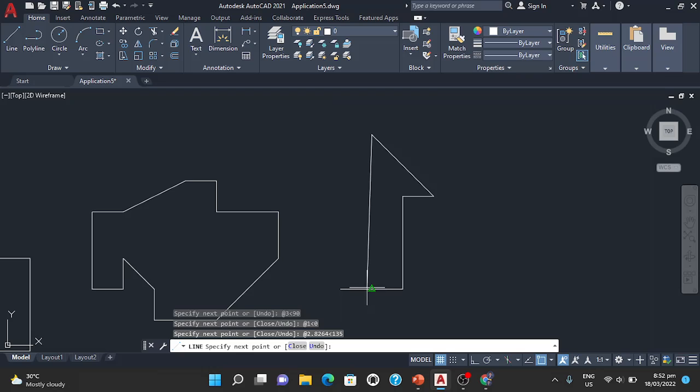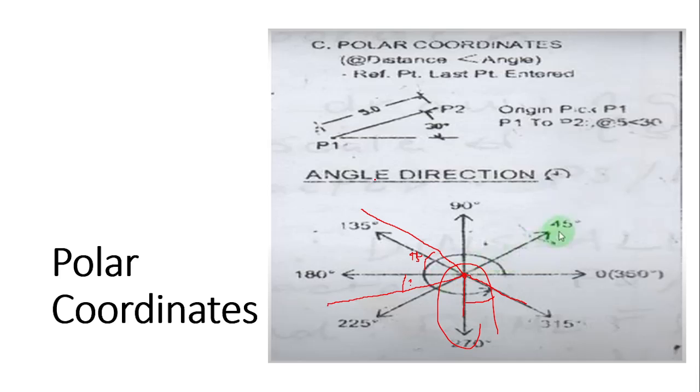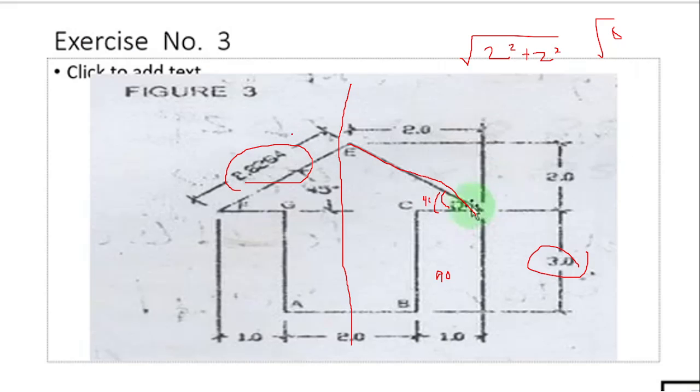Okay. Now, next, so let's apply point E to point F. So we have here 2.8264, the same length, and we have here angle 45. Okay? So if this is angle 45 and also this is angle 45 as the adjacent one, so we have here an imaginary line for 180. So 180 plus 45, so we will get 225.